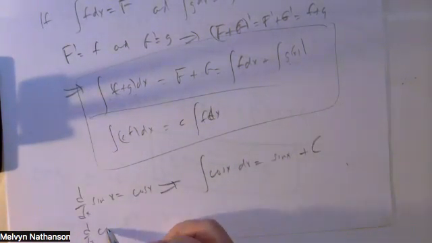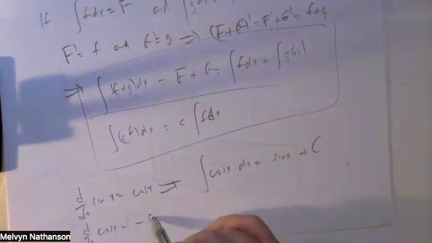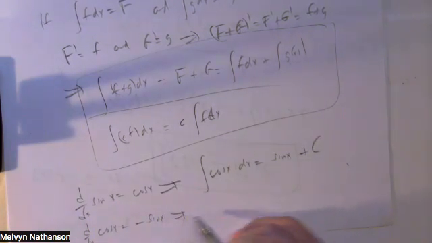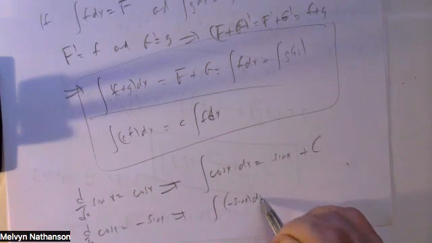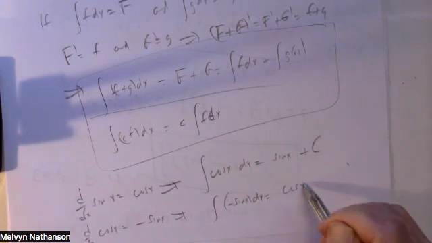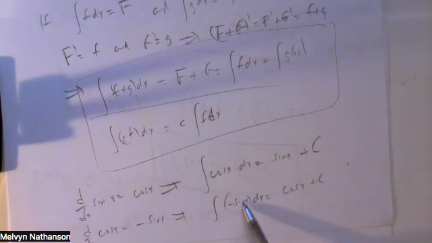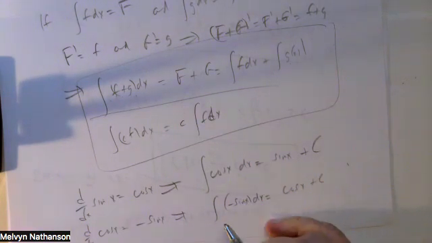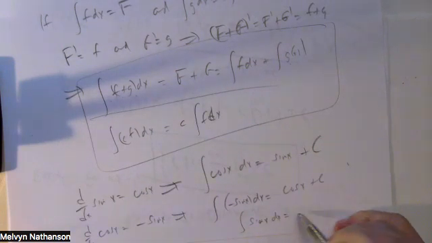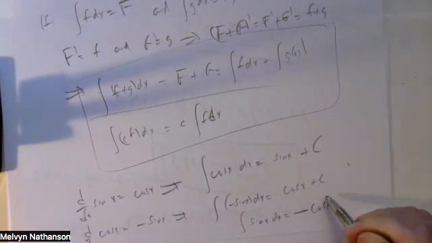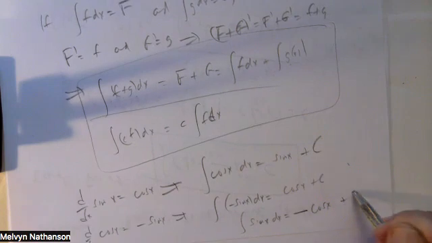The derivative of the cosine of x is minus the sine of x. So the integral of minus the sine of x is cosine of x. Or if I take out the minus sign or multiply by -1, the integral of the sine of x is minus the cosine of x plus a constant.